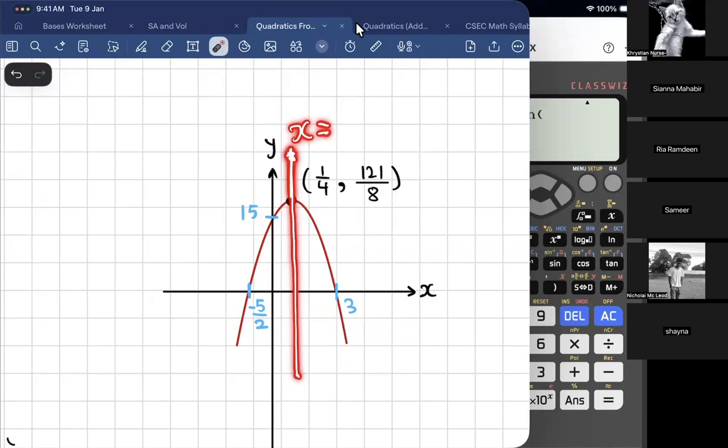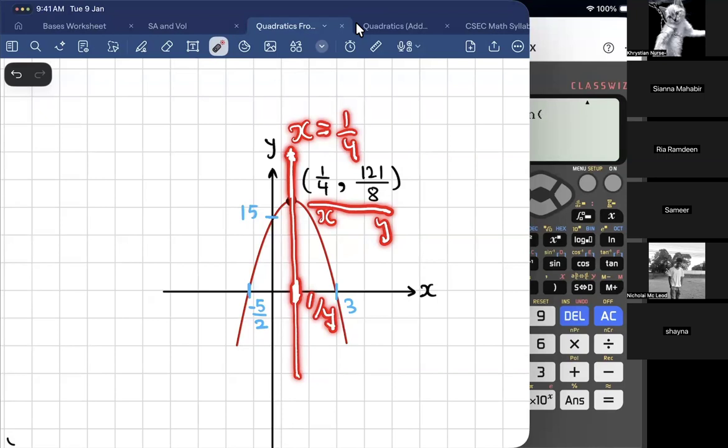What's the value for negative h? A quarter. Yeah, that's the answer. So, Christian, that's your axis of symmetry and that's the equation for it. If you're still confused, look at the coordinate: x is a quarter and y is 121/8. So you can see the line itself passing through a quarter on the x-axis. So x is equal to a quarter.